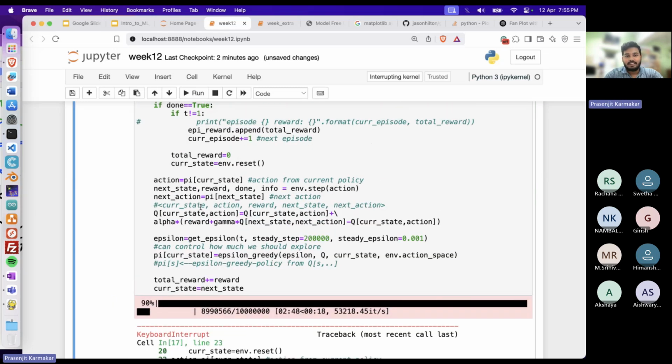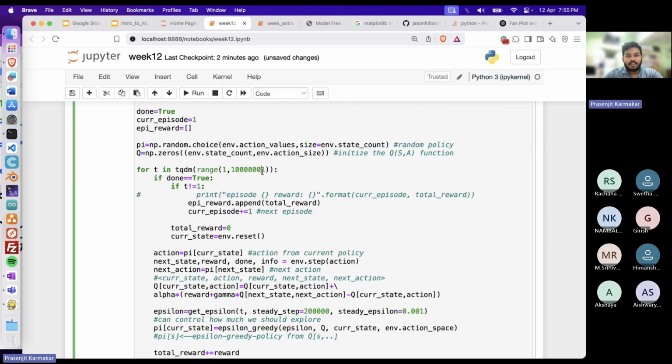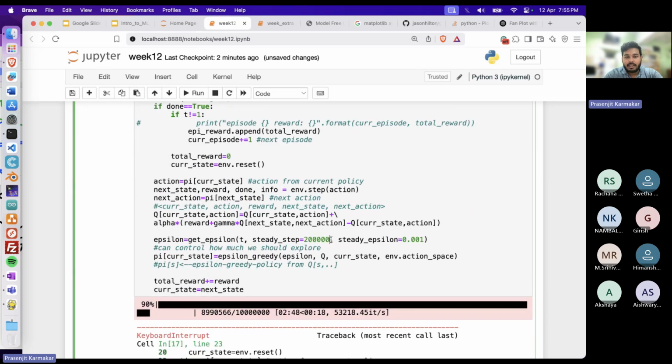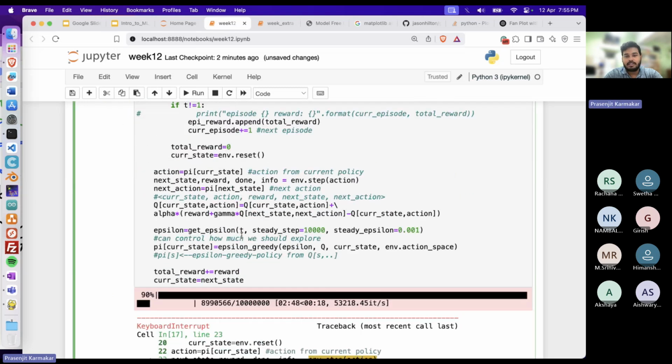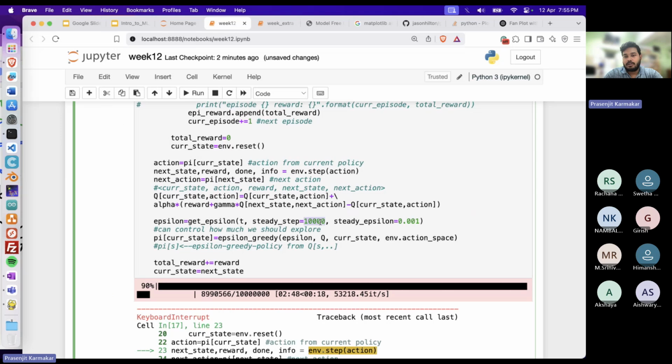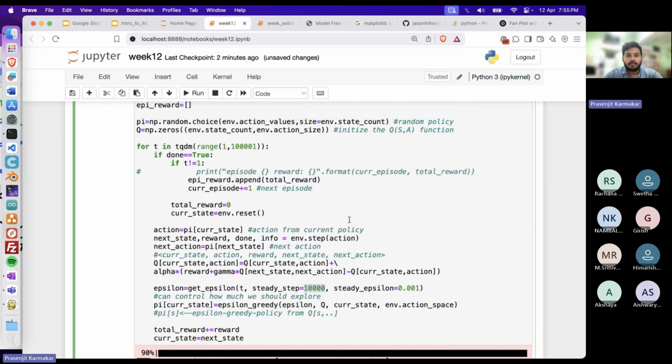Now again, let's start with 1 lakh and 10,000. That's why I was confused about why it was not converging quickly, because as per my experience, it converges really quickly. So now we are again starting with 1 lakh interactions and 10,000 steps of exploration.